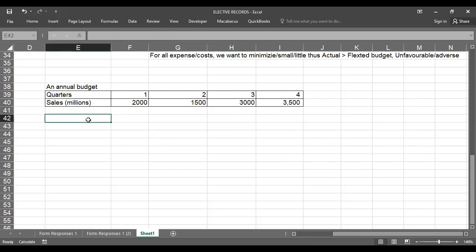Now, should it occur that you went into the first quarter and finished the first quarter, and your actual in terms of sales was maybe 1,800. That's your actual. Now, it doesn't matter what your actual is.